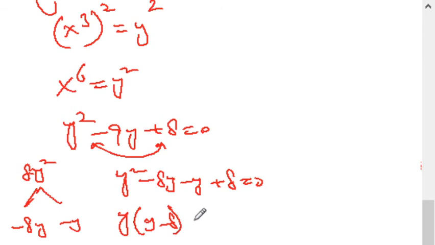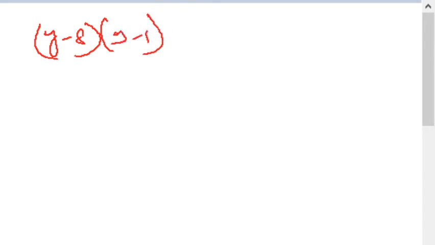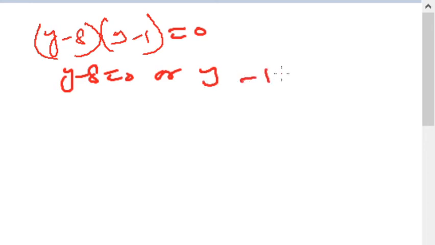Y minus 8 into y minus 1 is equal to 0. Now y minus 8 equal to 0 or y minus 1 equal to 0. So y is equal to 8 and y is equal to 1.